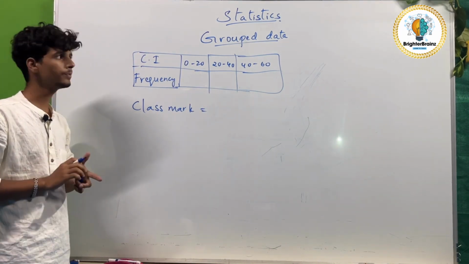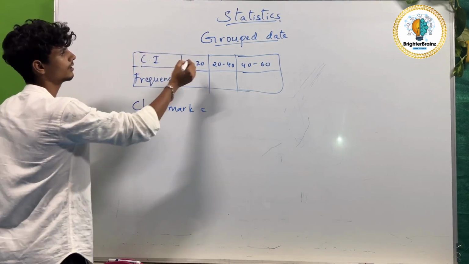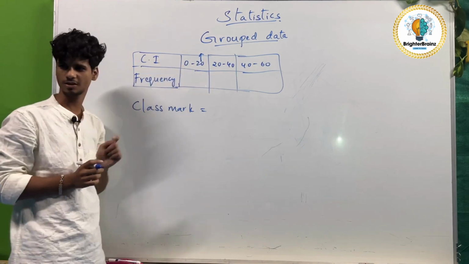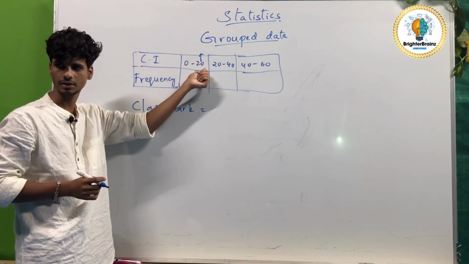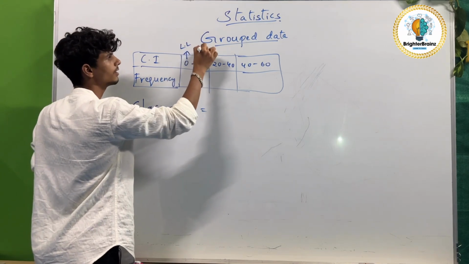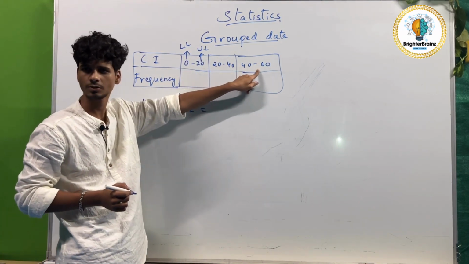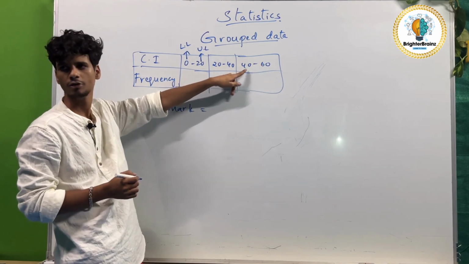First, the upper limit is the highest value in the class interval, and the lowest value is the lower limit. Can I know what is the upper limit in this class interval? 60. The lower limit is 40.